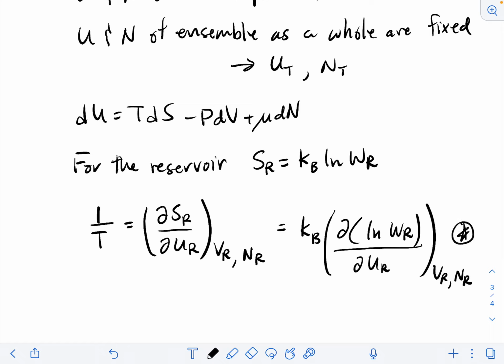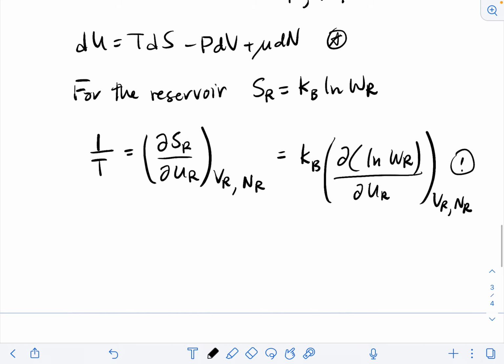So I'll call this star. Did I already use star for something? Yes, we used it here, so we'll call this something else. Exclamation mark. All right. So let's go back to star and let's see if we can write the chemical potential in terms of a derivative of the entropy.